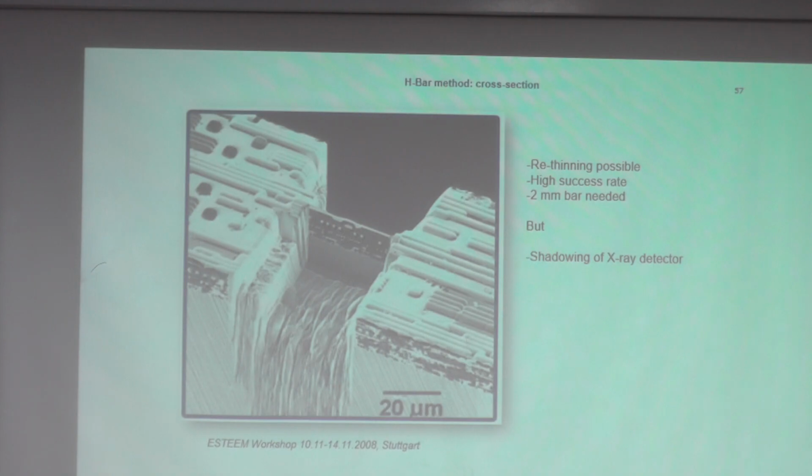But there are several issues or drawbacks with this method. Because you have such thick edges like bars, if you want to use X-ray analysis, they will shadow it, and the X-rays coming from the sample can be scattered, so you will not get available X-rays coming from the specimen.